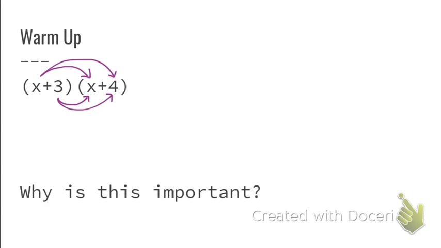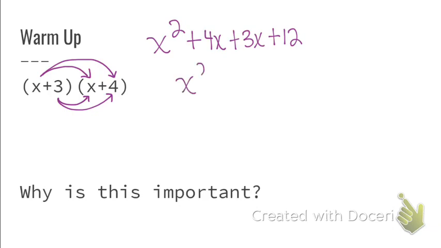So when we distribute, x times x is x squared, plus x times 4 is 4x. Then we distribute the 3 times x is 3x, and 3 times 4 is 12. Hopefully you see that you can combine like terms.